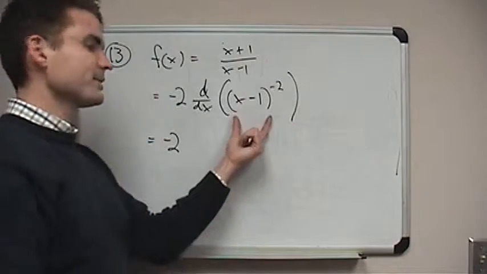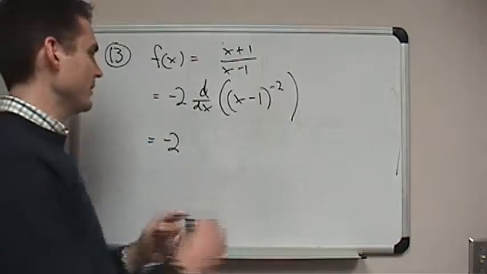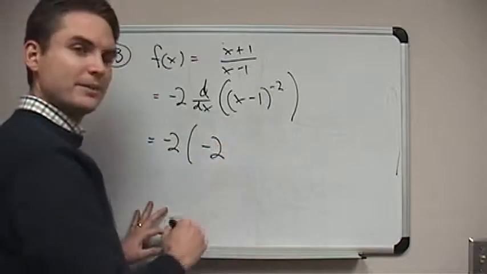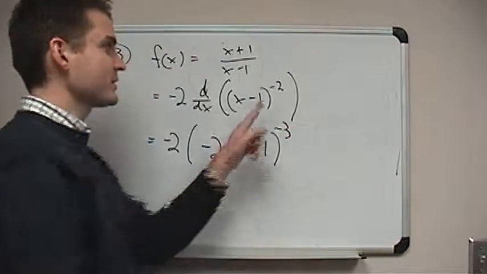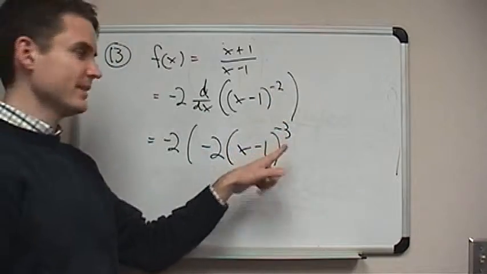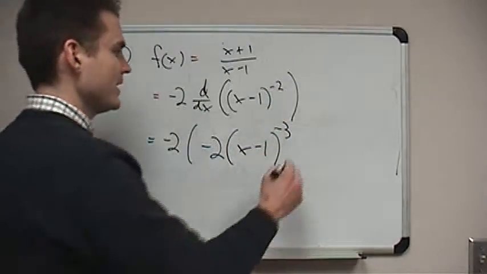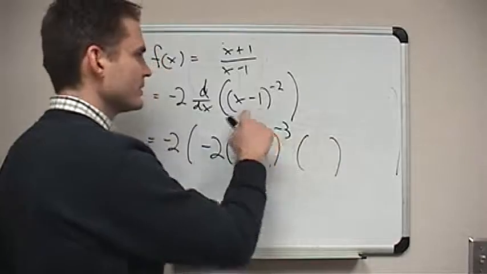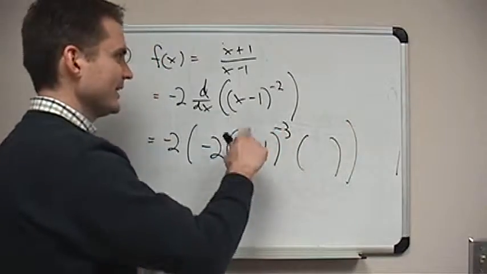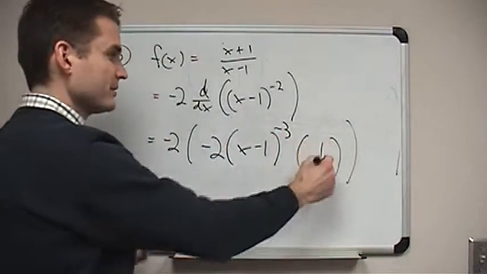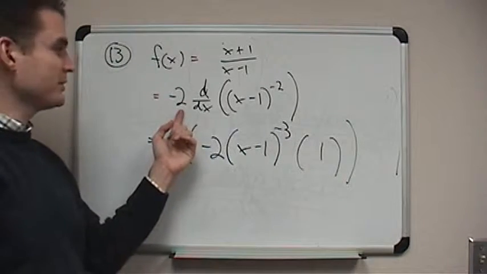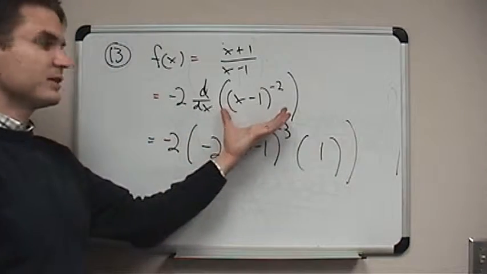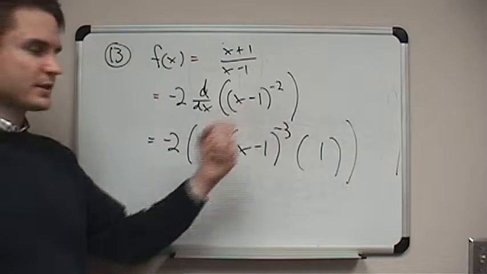It says when you take the derivative of a function raised to a power, you bring the power down, decrease it by 1, so now the power is going to be negative 3, that's 1 smaller than negative 2, and you have to multiply by the derivative of what's inside. The derivative of x minus 1, again, is 1. So here's what I did. I just kept that negative 2 outside, and then I used the generalized power rule on this expression.